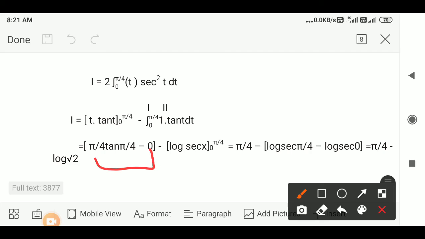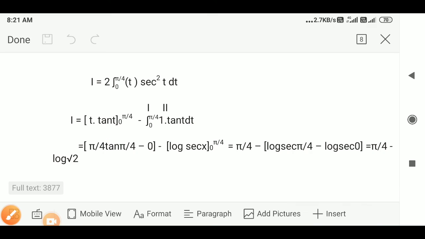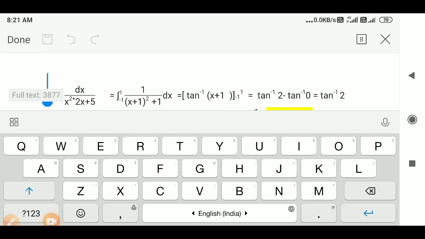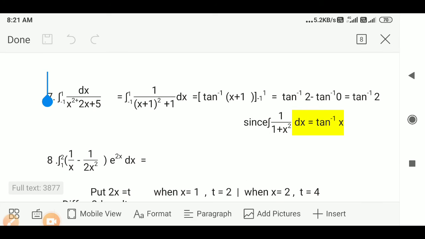This is the value of this one, and minus, now here it is only tan t, so the value is minus log sec t, and the limit is 0 to pi by 4.